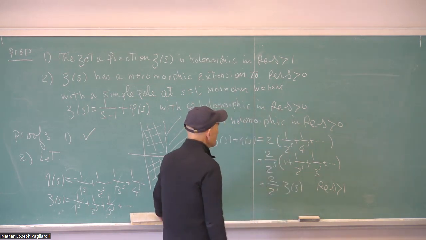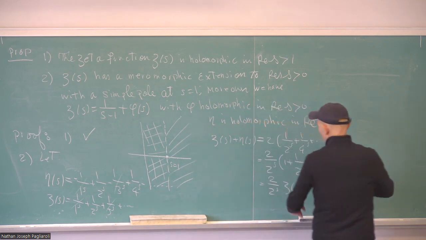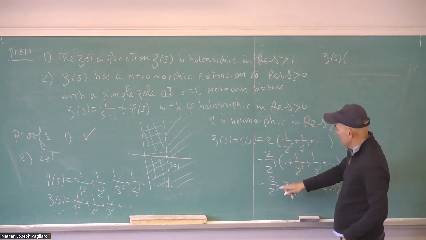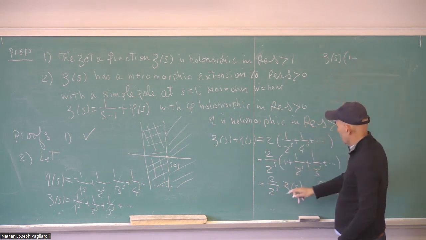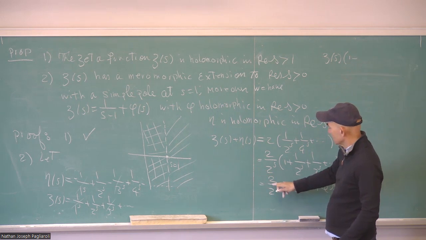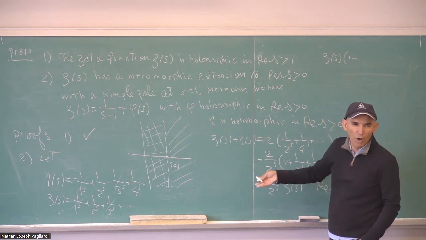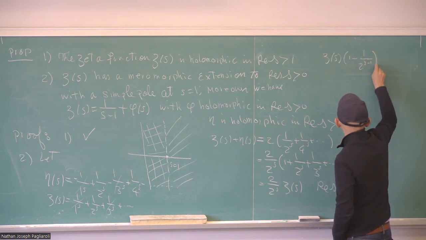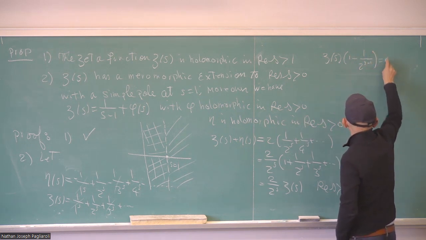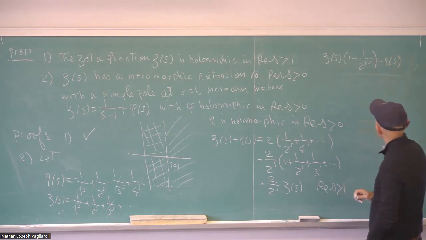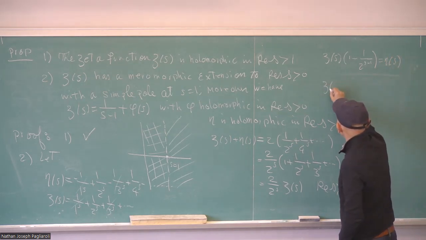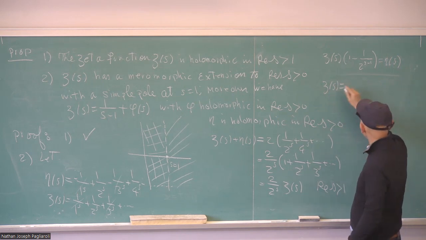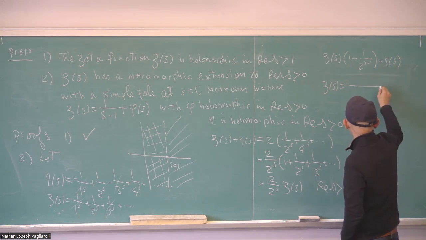We get zeta of s times 1 minus, so this goes to the left, 1 minus 1 over 2 to the s minus 1, is equal to eta of s. So you now get that zeta of s is equal to eta of s divided by that factor.